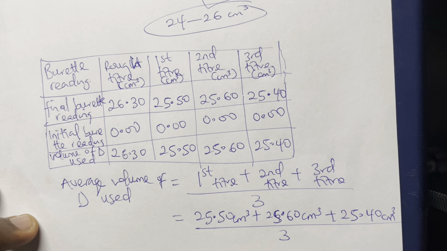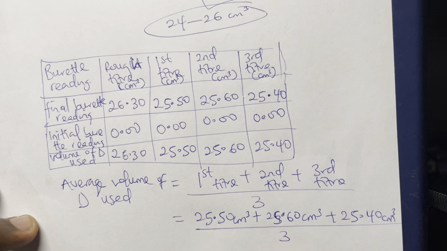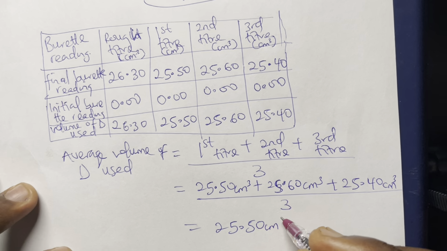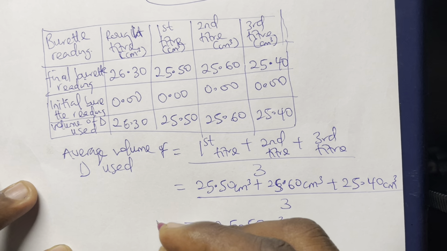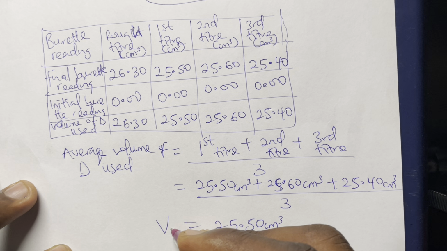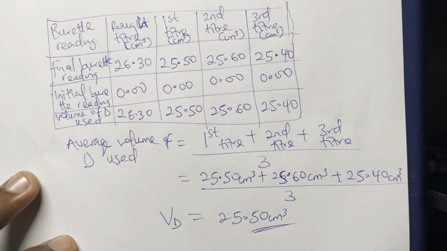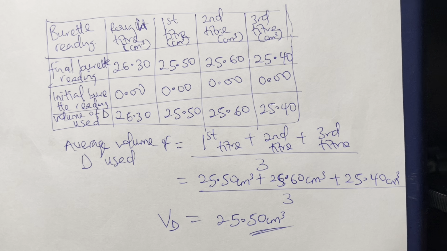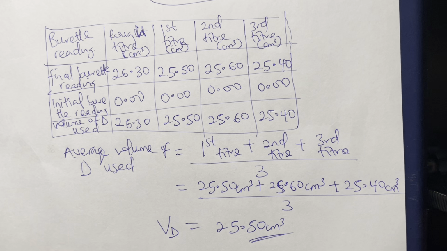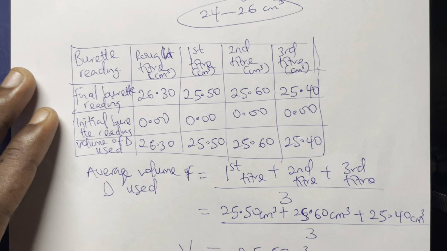If you divide by 3, you should get 25.50 cm cube. So instead of V, that will be VD. Please take note of this. Your practical is not really something difficult, just follow this instruction.